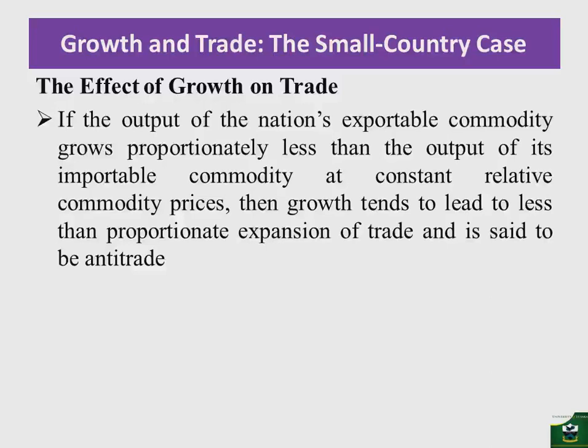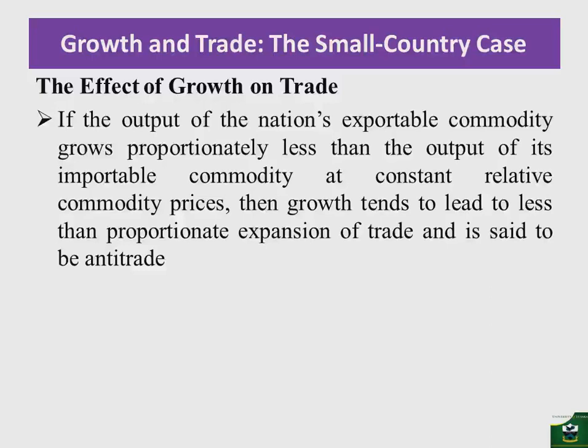It means that this nation will export less, or if possible, there will be no trade because the units of what it can export are few. And if it has produced more of a commodity of its comparative disadvantage, or what it could have imported, it means the nation will not be able to import at all because it has produced more of what it should have imported.